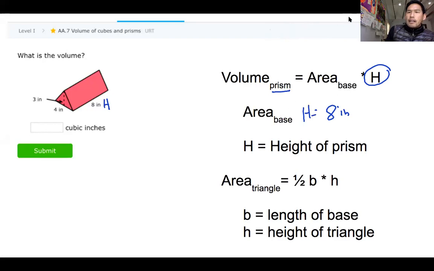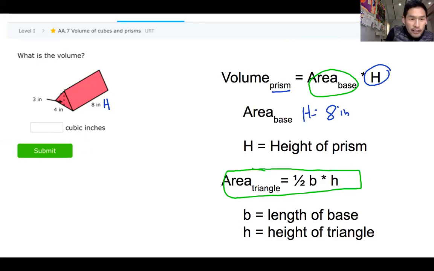And the area of the base, I'll do this in green. You've got to use this formula for the area of the triangle, 1/2 base of the triangle, little h, the height of the triangle. So this is the area of the triangle. And we're looking over here, and this dotted line right here is the height of the triangle. That's little h, lowercase h. And then the base is 4. So that's going to be little b.